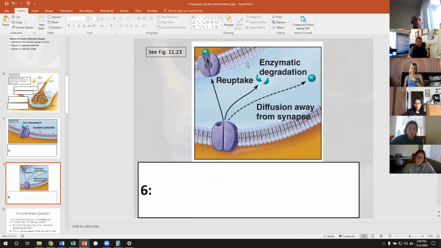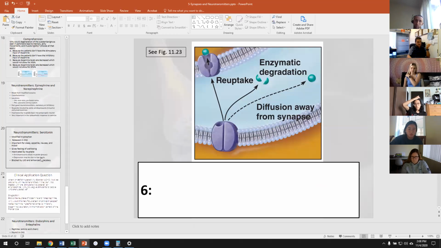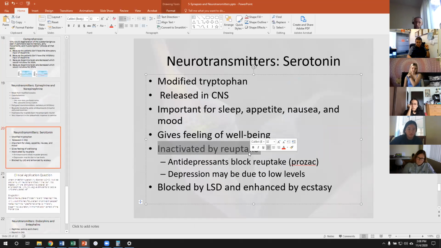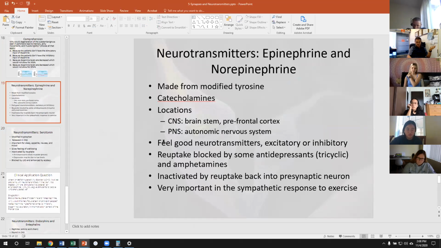this slide, there's 3 different ways that we deactivate the neurotransmitter. And then when we go to the neurotransmitter slides, serotonin is inactivated by reuptake, right? That's just one of the options. So they're all inactivated in different ways. Reuptake is definitely the most common one, but there's other ones like acetylcholine.